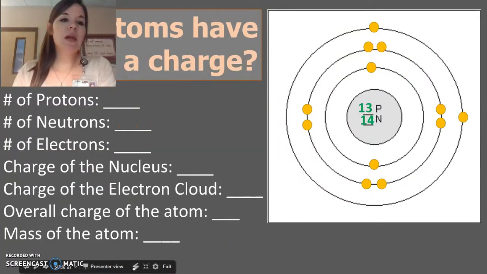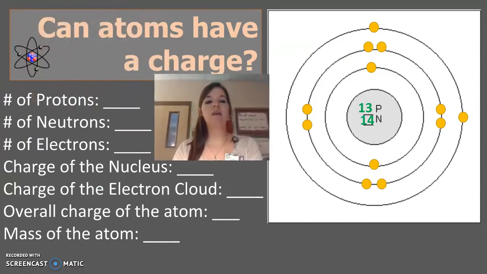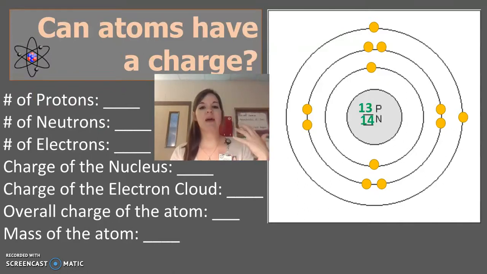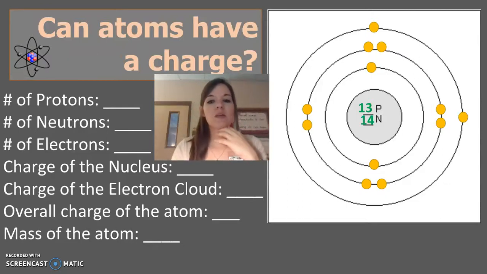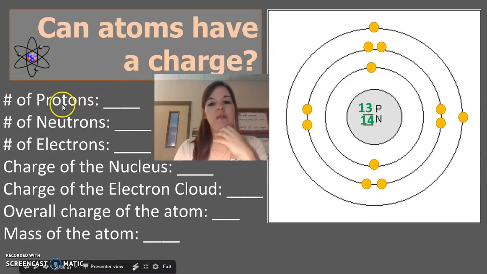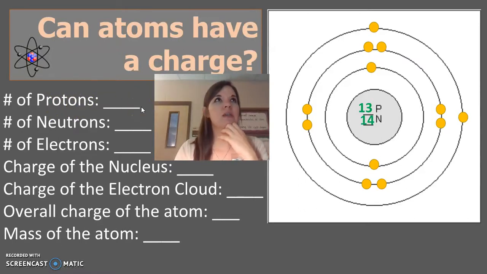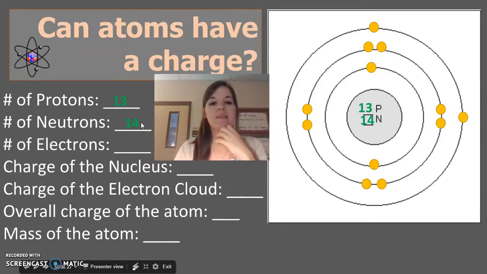Now let's see what happens if you have an element that has an overall charge, meaning the number of protons and the number of electrons are not equal. You still treat protons the same. Aluminum is number 13 on the periodic table, so I have 13 protons. I still do neutrons the same: mass minus atomic number equals neutrons.